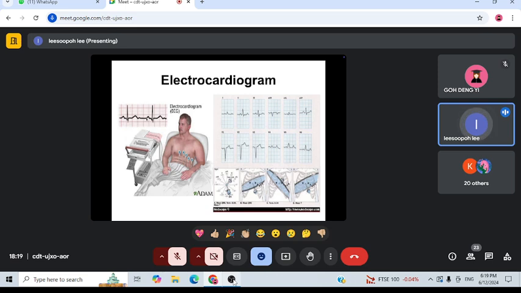We start off with P, then a short Q, R, S. The QRS is the largest deflection here, and then the T. If you see this PQRST in the ECG, this is a sinus rhythm. Just remember this.